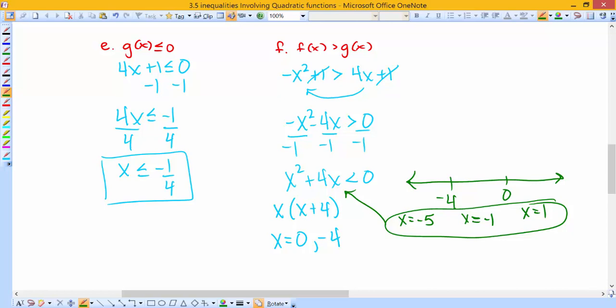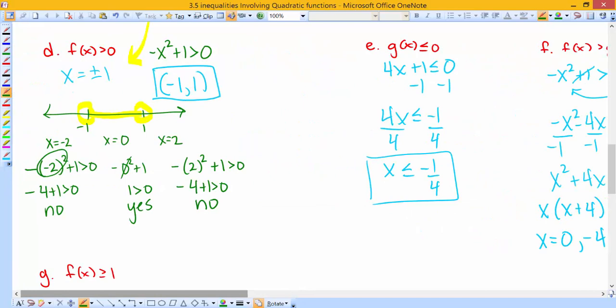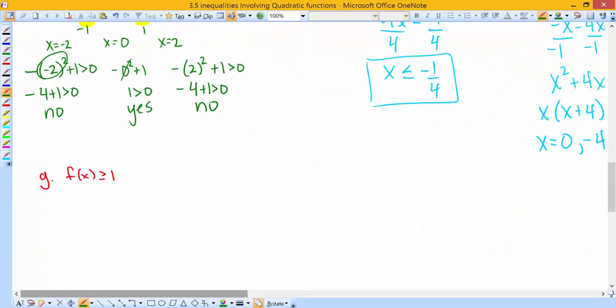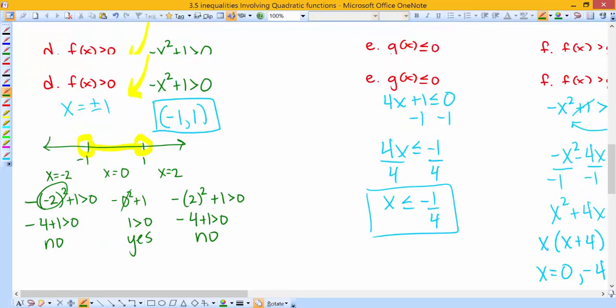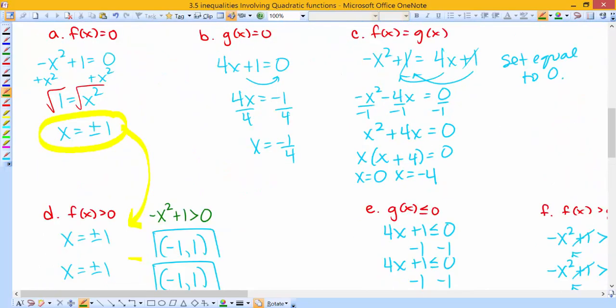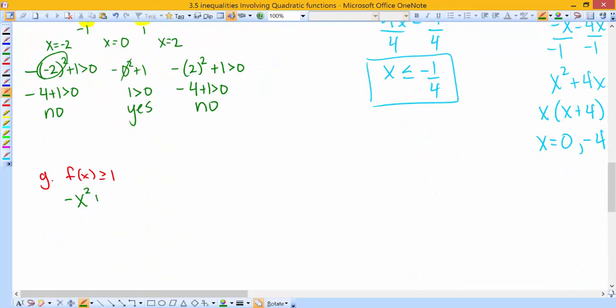And then on the final one, we have f of x is greater than or equal to 1. f of x was negative x squared plus 1 is greater than or equal to 1. Well, here, your 1's will cancel.